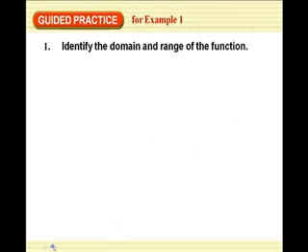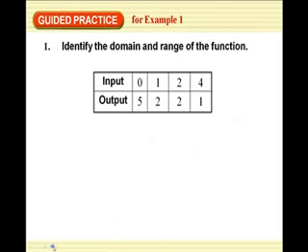On the guided practice here, it says identify the domain and the range of this function. This is called a function table, our inputs and our outputs. The inputs are the domains. Those are the domains. The ranges are these numbers.